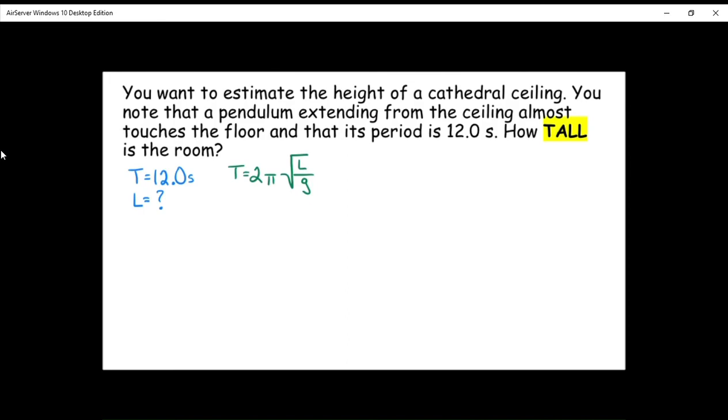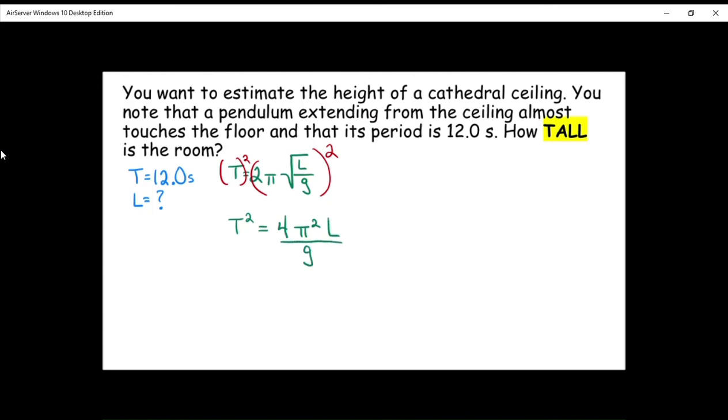We want to square everything on both sides. T squared. 2 squared is 4. Pi squared is pi squared. Square root of L over G gives us L over G.